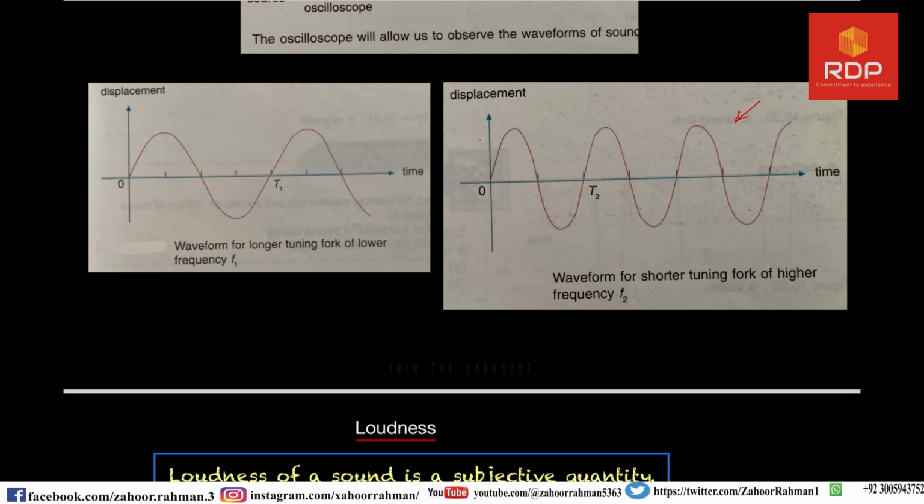It means that pitch totally depends on the frequency. Higher the frequency, higher the pitch. Lower the frequency, lower is the pitch. In very simple words, if somebody is talking in a high tone, we can say that the pitch is high.